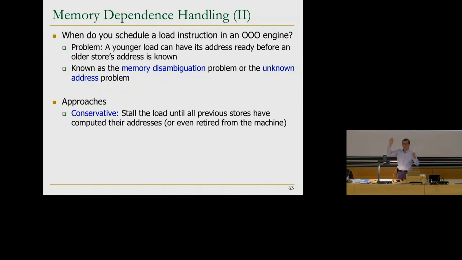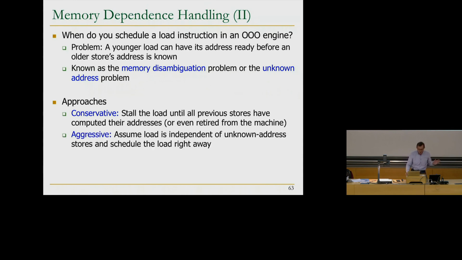And when all of them have computed their addresses, now you know which store you're dependent on. You need to do something to know that, of course, but you know. Or, if you're even more conservative, you just wait until all of the stores are out of the machine, meaning all of them have retired and updated the memory. But that takes even longer, as you can imagine.